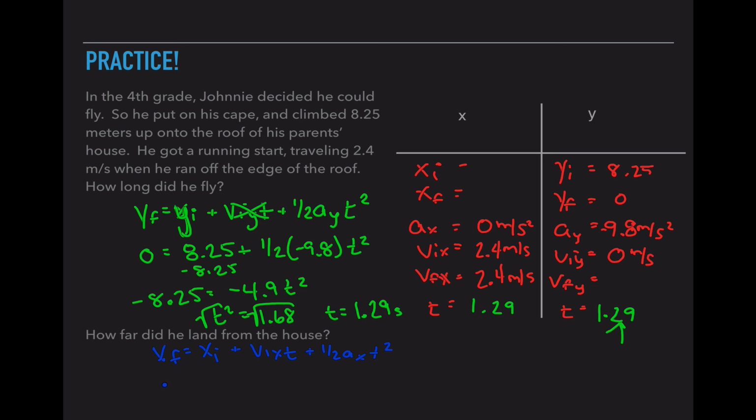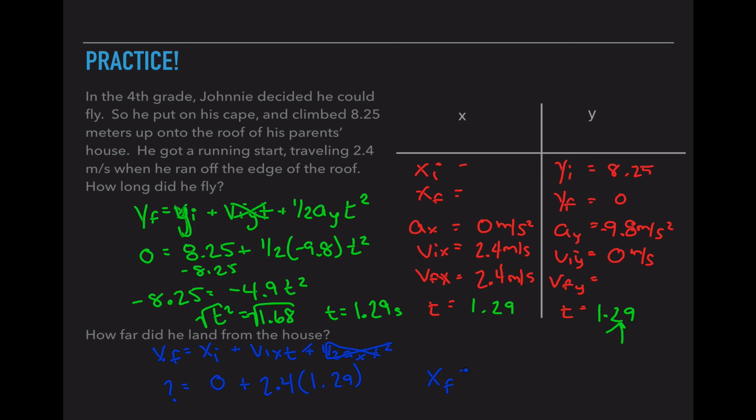And XF is our unknown. XI we're going to make 0 because he's starting at the side of the house, so we're measuring out from the side of the house. Plus VIX is 2.4 times time, which is 1.29, and this last section completely gets crossed off because AX is 0, and anything times 0 is 0.